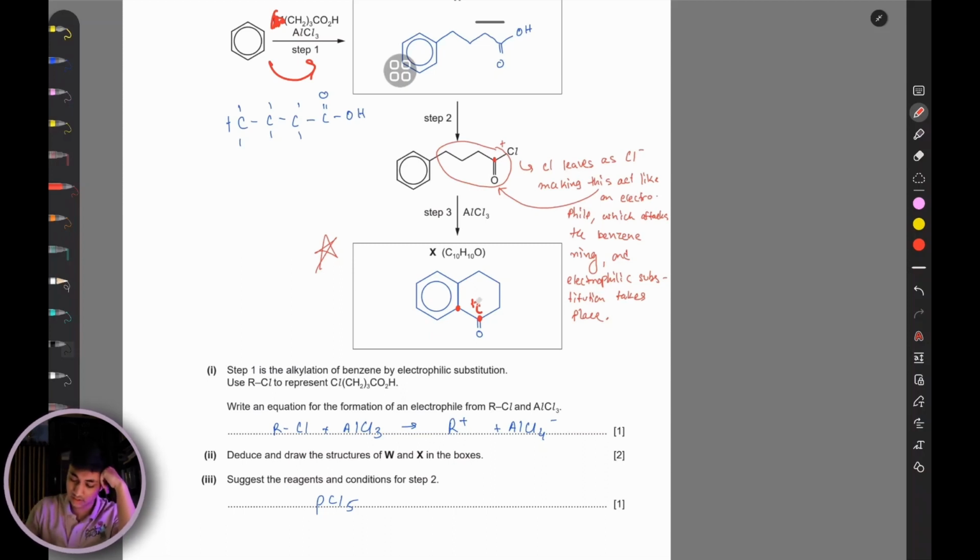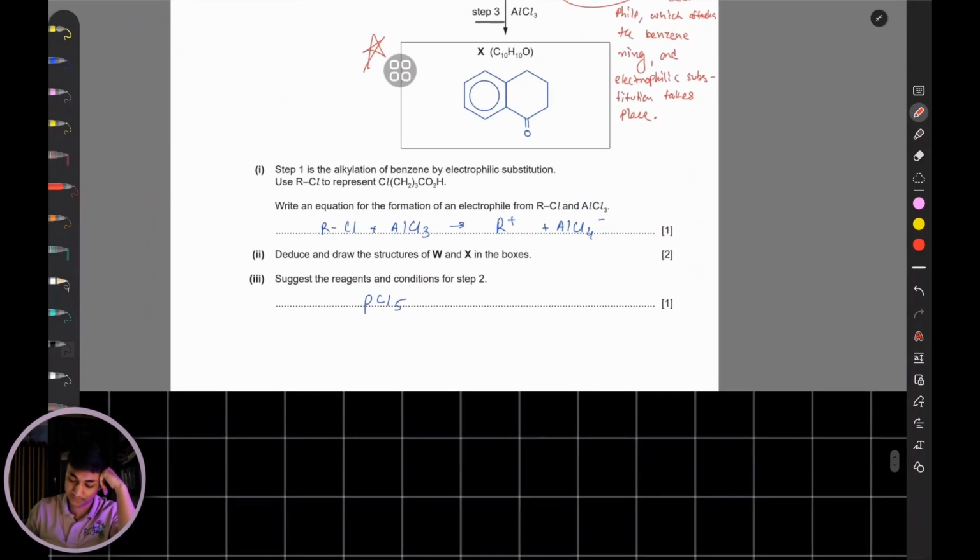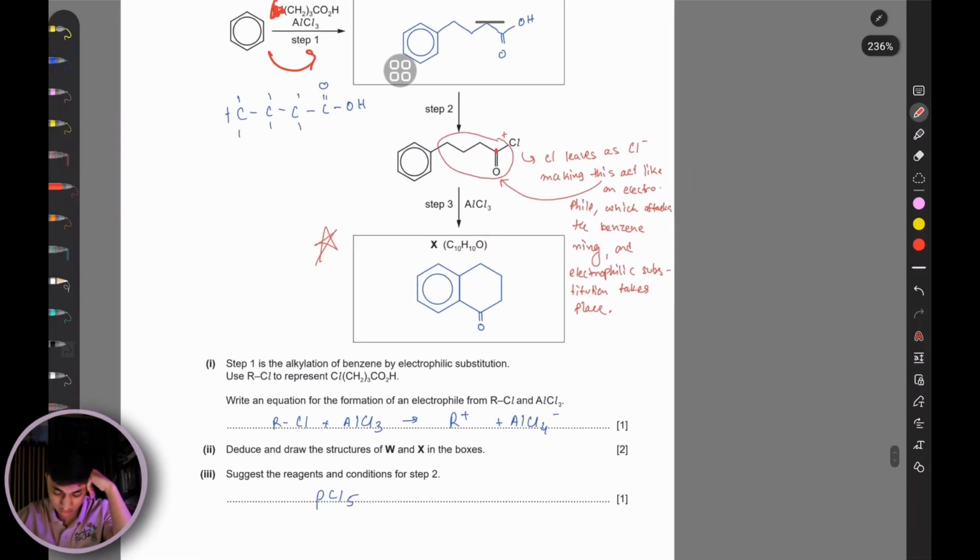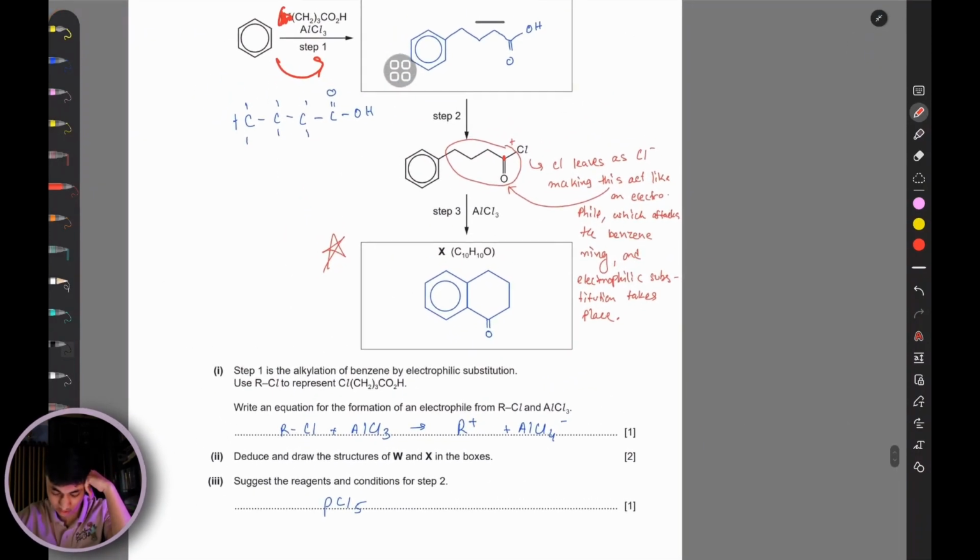So a bond between this carbon and this carbon forms, forming this cyclic structure. Okay, fair enough. Now they're asking you to draw the structure. We drew the structure, deduce.